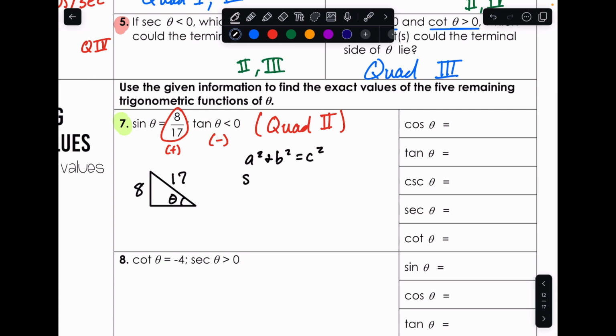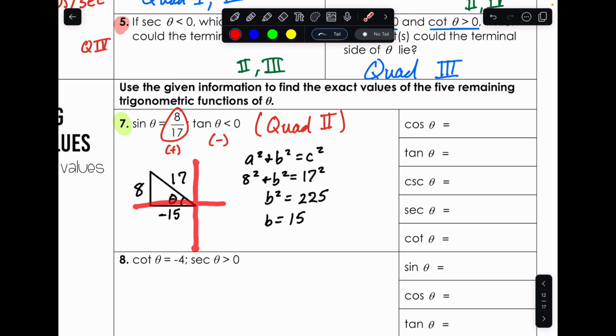Our a squared is 8 squared plus b squared is equal to 17 squared. So b squared is equal to 225. Again, we saw that in the last problem. B is equal to 15. In this case, it's a negative 15 because we're in quadrant 2. And remember, if we draw the x-axis and the y-axis, that x is extending into the negative.